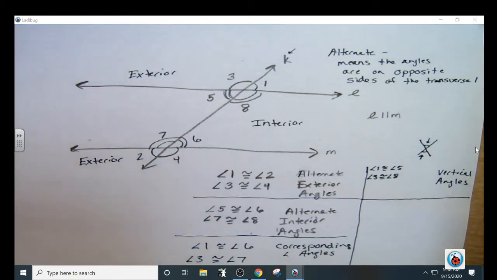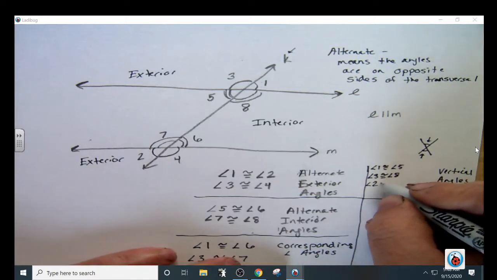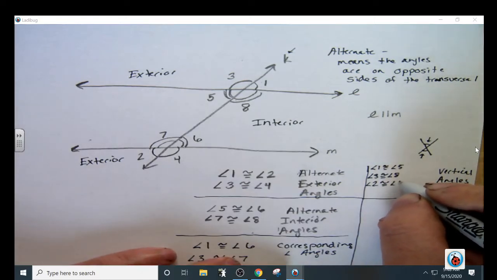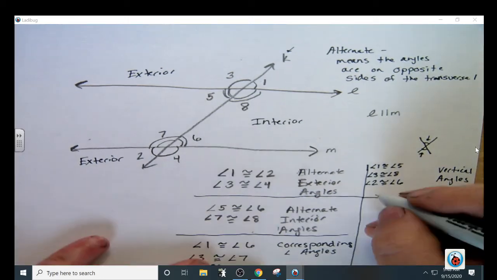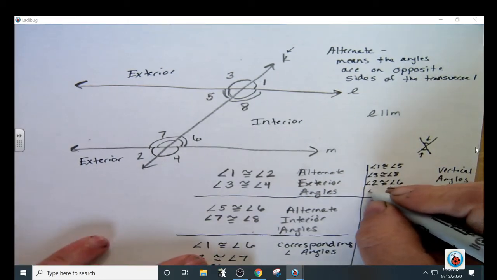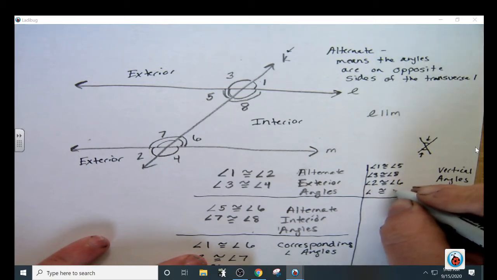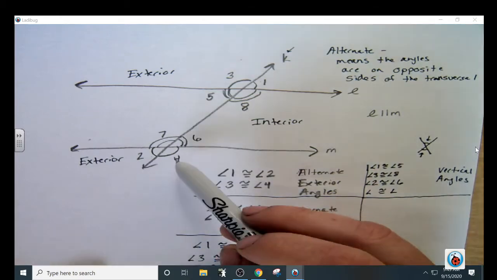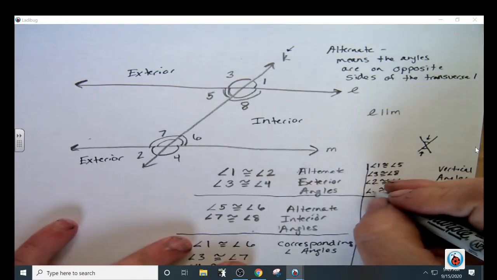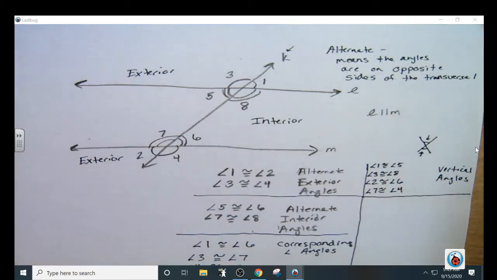Angle 2 is congruent to angle 6. What's the last vertical angle pair we have? 7 and 4, right? So angle 7 and angle 4. Those are all your vertical angle pairs.